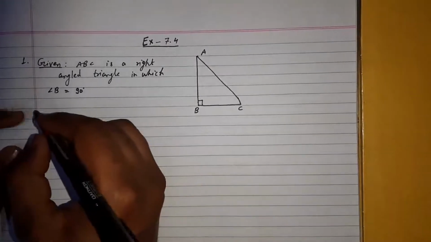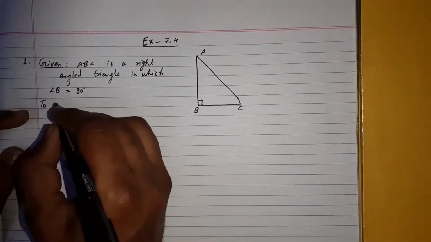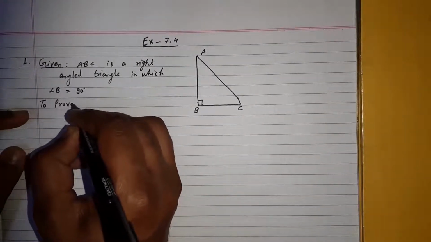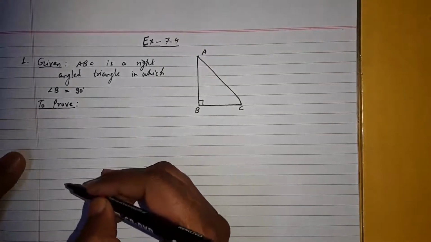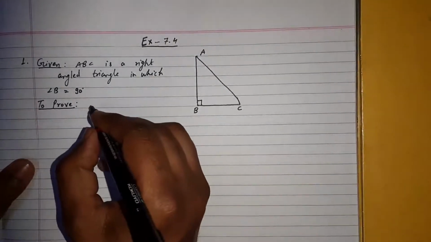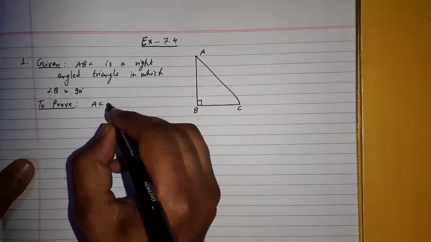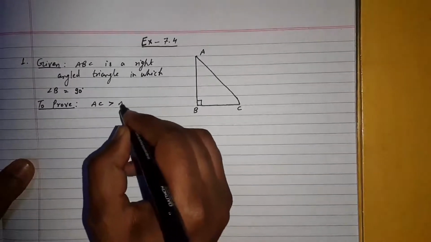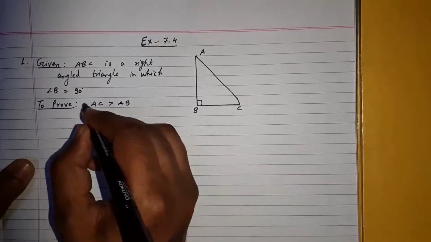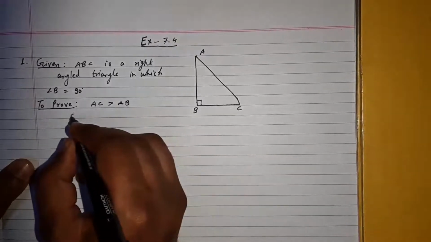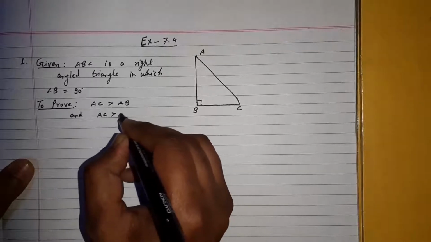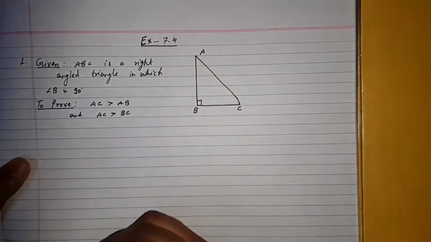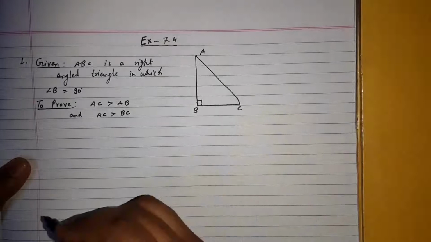We need to prove the hypotenuse is the longest side. It means AC is greater than AB, and AC is also greater than BC. AC is the hypotenuse.